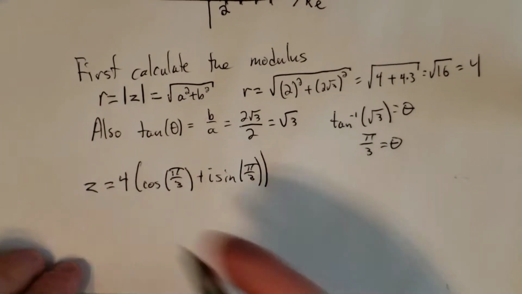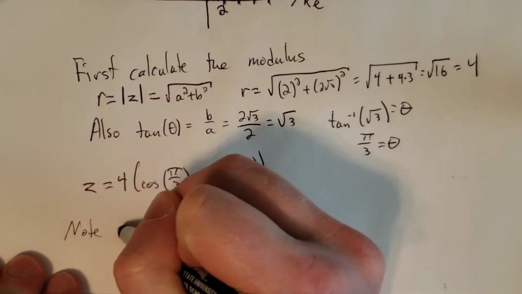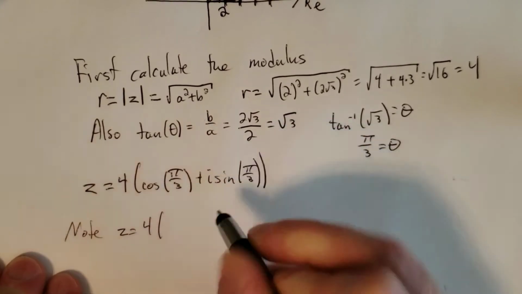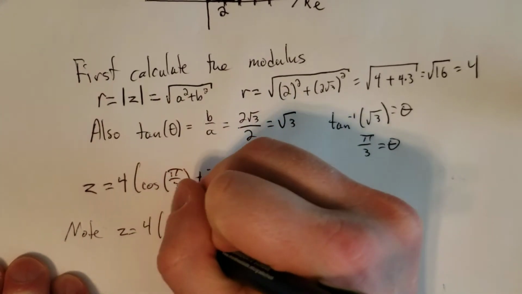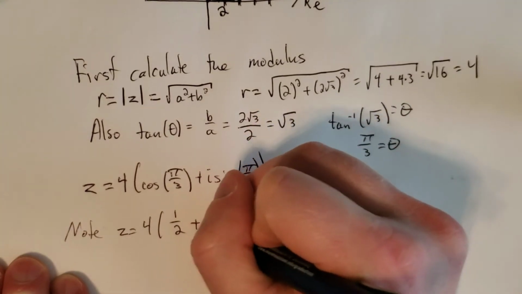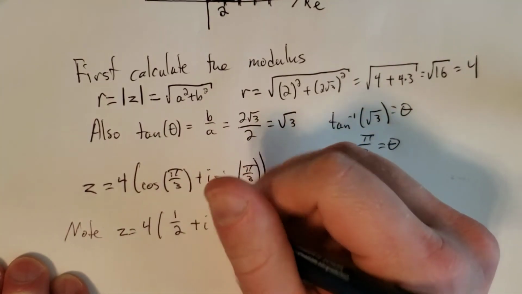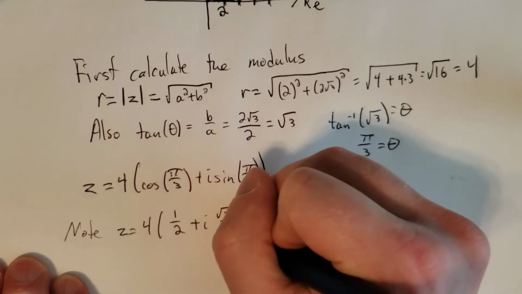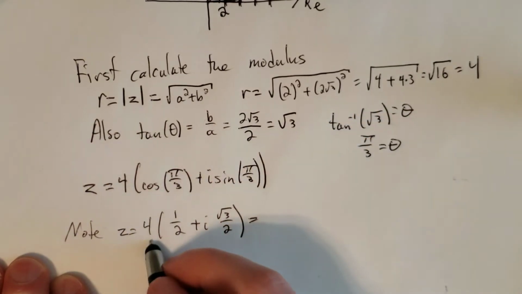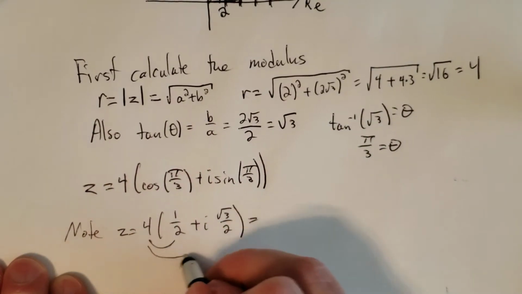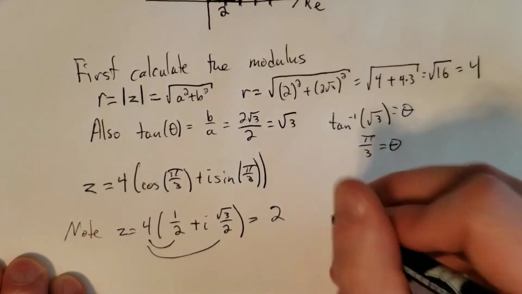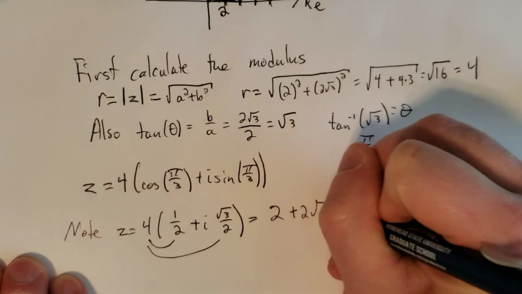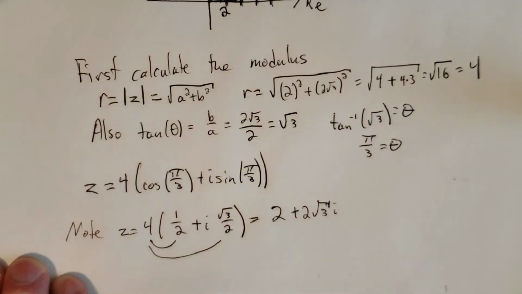I would like to note that z is equal to 4 times, let's go ahead and find out what cosine of pi over 3 is. Well, cosine of pi over 3 is 1/2. And sine of pi over 3 is the square root of 3 over 2. If we go ahead and distribute our 4 here, 4 times 1/2 is 2. 4 times the square root of 3 over 2 is 2 square roots of 3, and then that was multiplied by i.